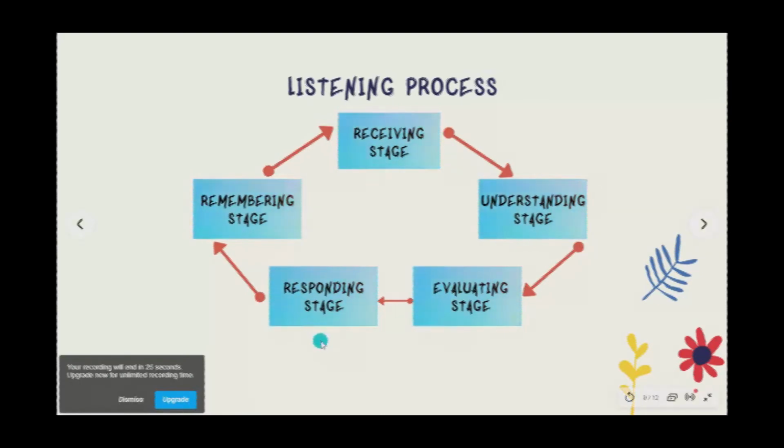So we'll now move to the third stage, which is evaluating stage. Here, the listener critically assesses the information they receive from the speaker. Evaluating allows the listener to form an opinion of what they heard. So the listener can determine whether the information heard is biased or unbiased, true or false, important or not.